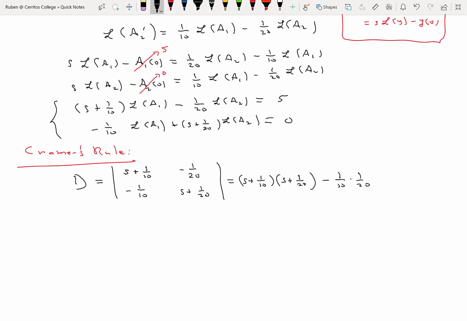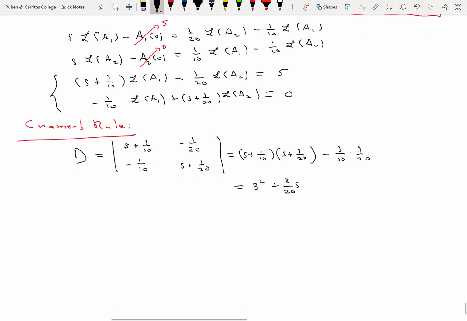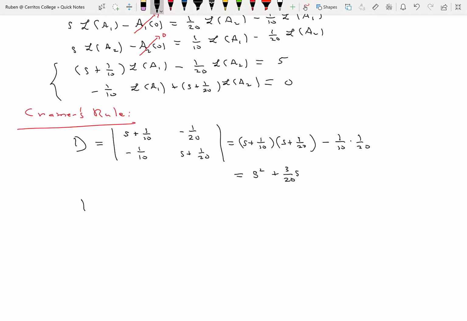Now, when all the dust settles on this, when I FOIL out the first 2 terms and subtract 1/10 times 1/20, I'm going to get s squared plus 3/20 s. So that's my D in Cramer's rule, the determinant of the coefficients.